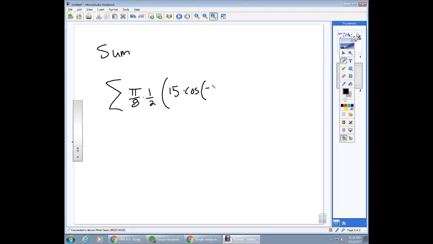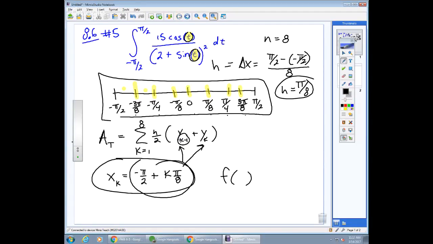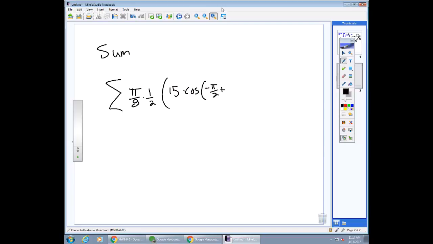Negative pi over 2 plus whatever k is. The first time through, it's actually a k minus 1. So I'll have parentheses k minus 1 times pi over 8, my h value.